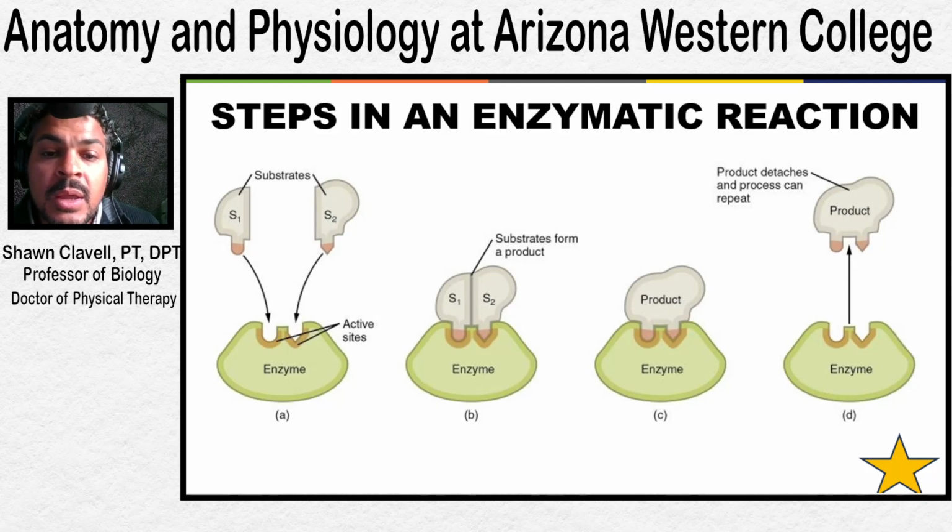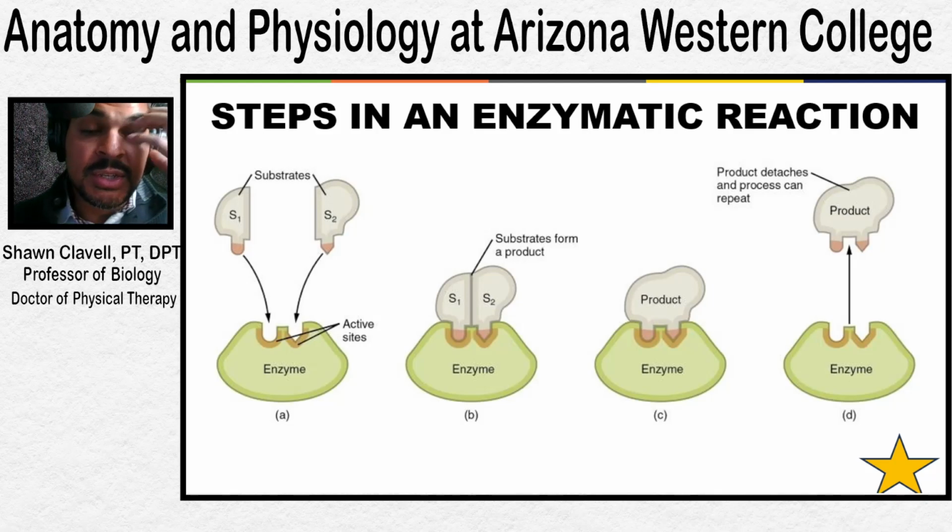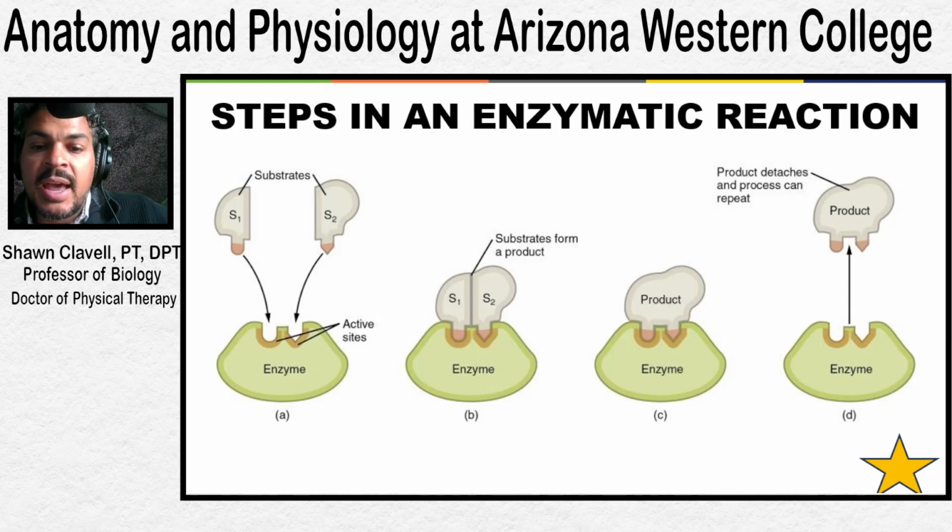And as a result, you can imagine what would happen if the protein changed its shape, the lock changed its shape, or even the substrates. If the lock changes or the key changes, then the connection isn't going to happen. And what we have is a chemical reaction that doesn't occur. And so the substrate binding process creates what we see here as an enzyme substrate complex.